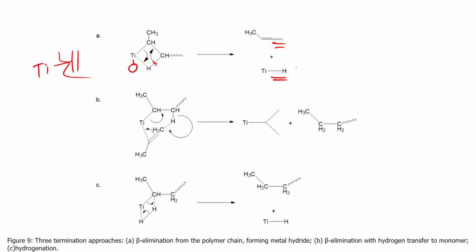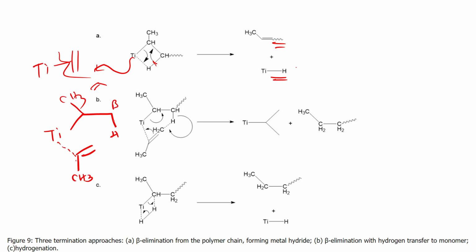If this interaction is not present, then it can be attacked by another monomeric unit, so that you would have this kind of transition state before fully making the titanium-carbon bond.